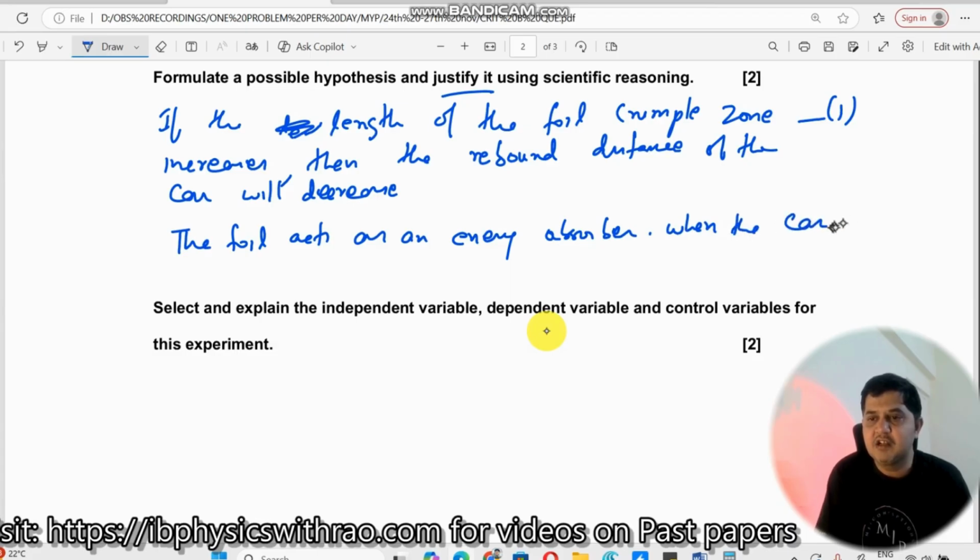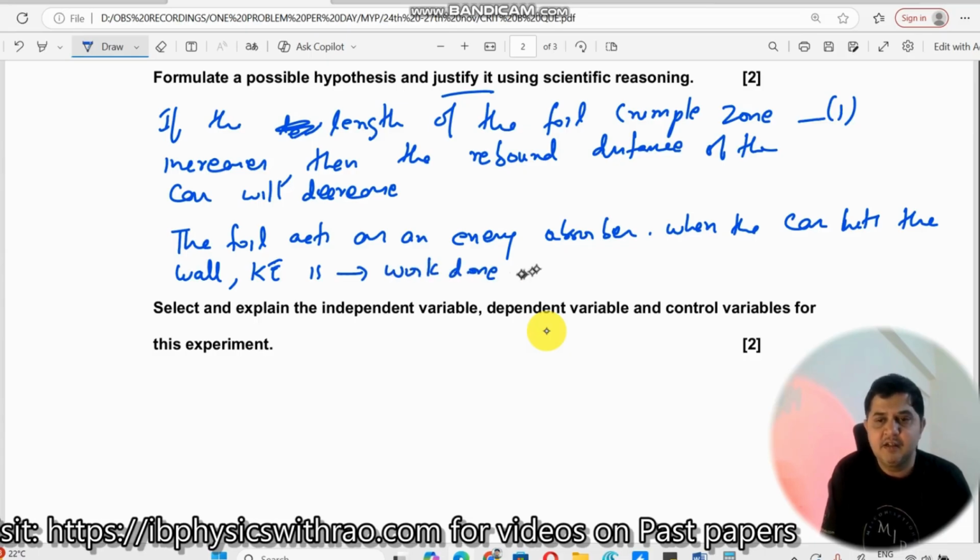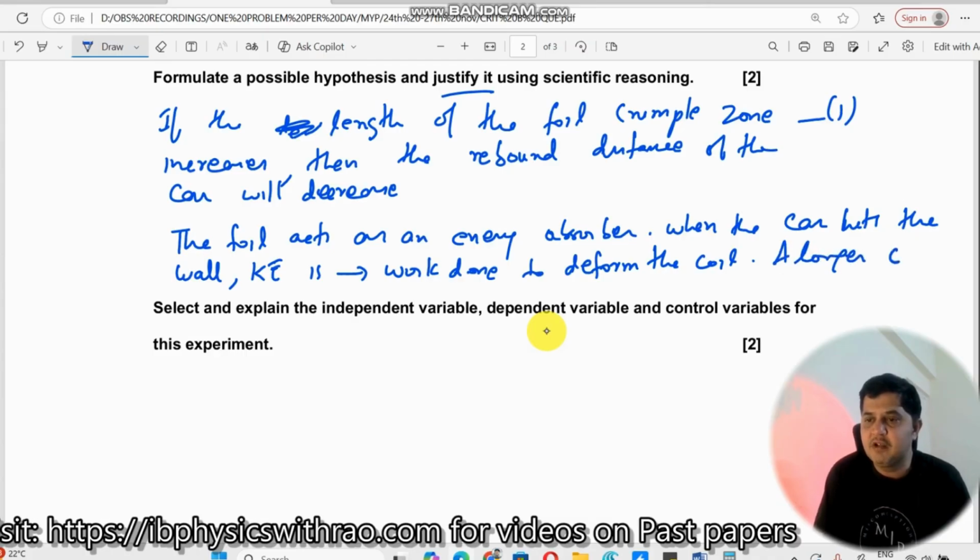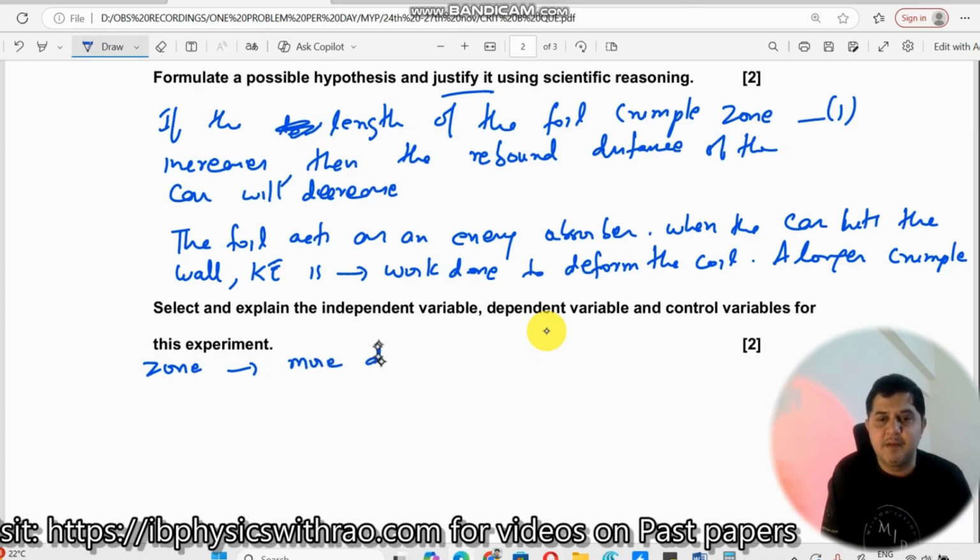When the car hits the wall, the kinetic energy is converted into work done to deform the foil. So if you have a longer crumple zone, this will give you more deformation.